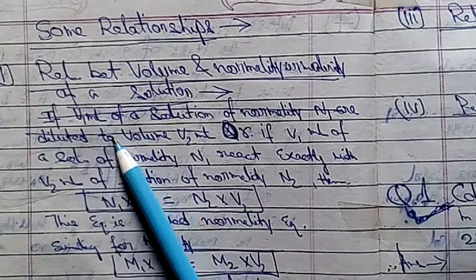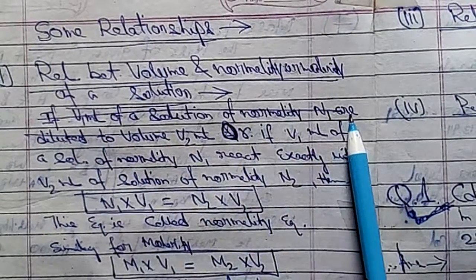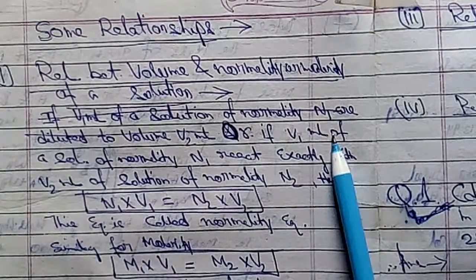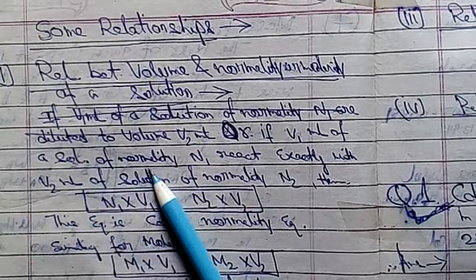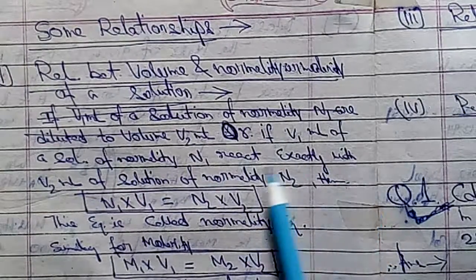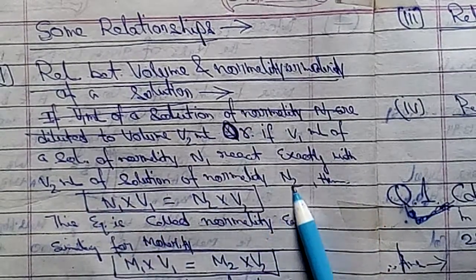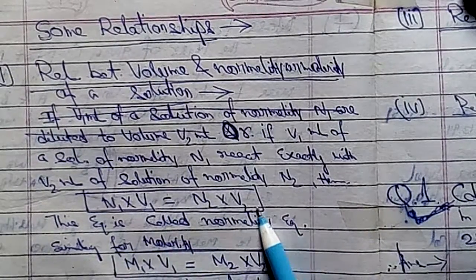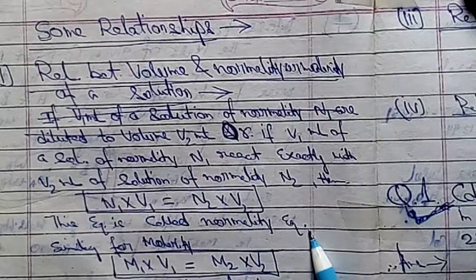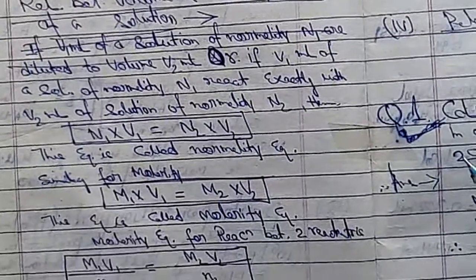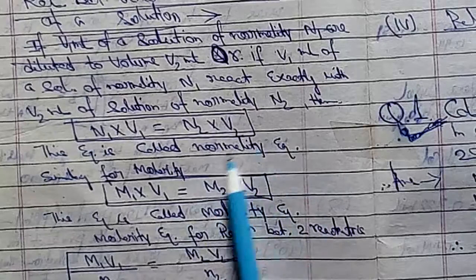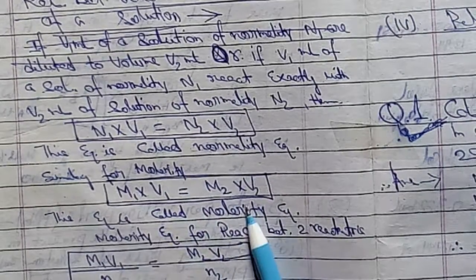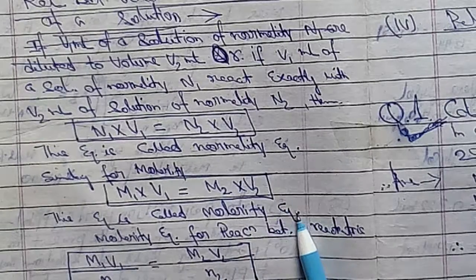What is it? If V1 ml of a solution of normality N1 is diluted to volume V2 ml, or if V1 ml of a solution of normality N1 reacts exactly with V2 volume of a solution of normality N2, then simply remember the formula N1 V1 equals N2 V2. This is called the normality equation. In the same way, in place of normality we use molarity and get M1 V1 equals M2 V2, called the molarity equation.